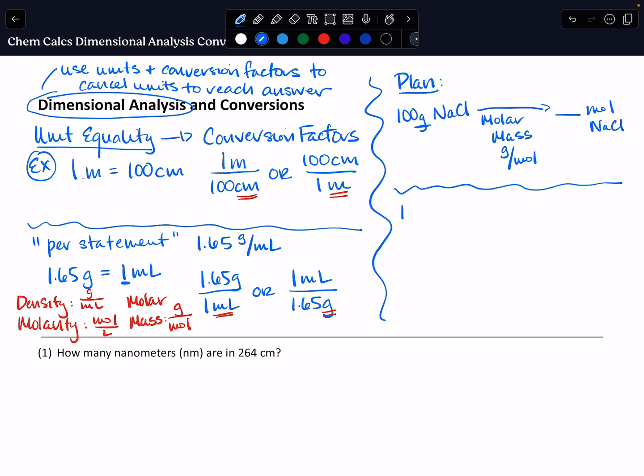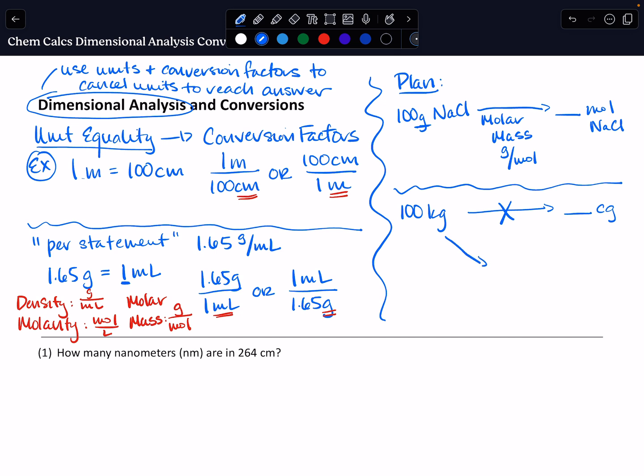Another example is if you're given a metric conversion. Let's say we've got kilograms and we're asked to determine centigrams. Now I don't have a unit equality that equates these two units. We always need to go through the unprefixed unit, the gram itself, and then move back to a prefix unit. So there's no way to go directly.